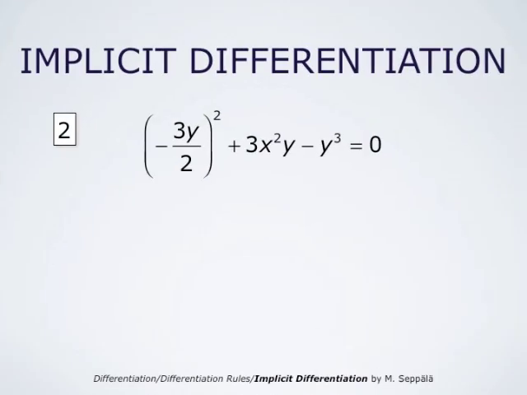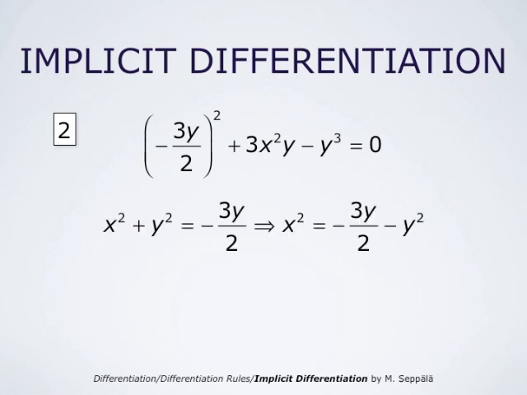So we have established a condition that if the tangent at the point x, y is horizontal and if x is not 0, then we must have (negative 3y divided by 2) squared plus 3x squared y minus y cubed equal to 0. And we wish to solve for y. Now we remember that if x is not 0, then we had also the condition x squared plus y squared equals negative 3y divided by 2. That was a substitution we used in the original equation defining the curve to get the above equation for y.